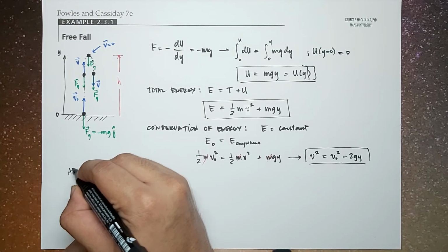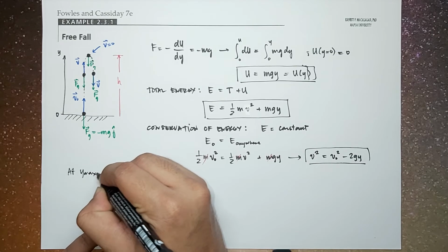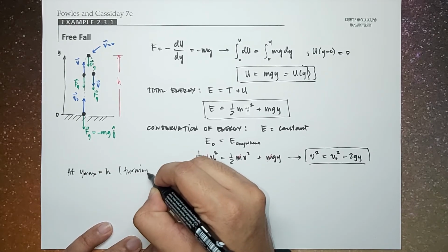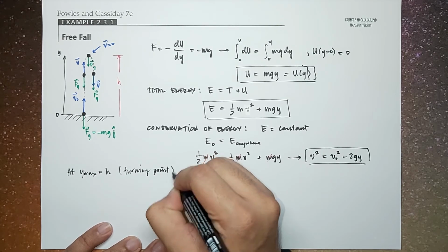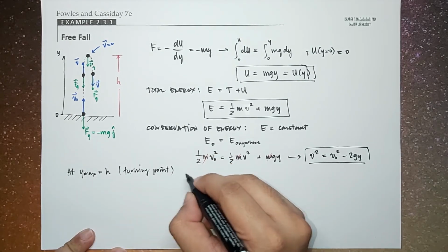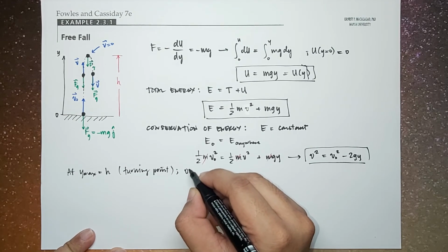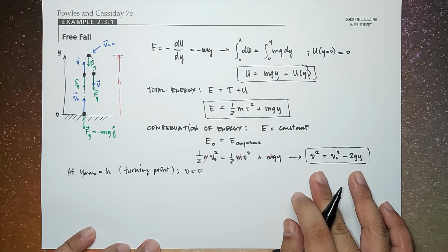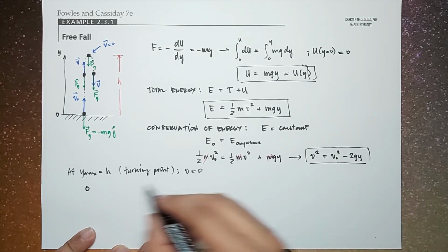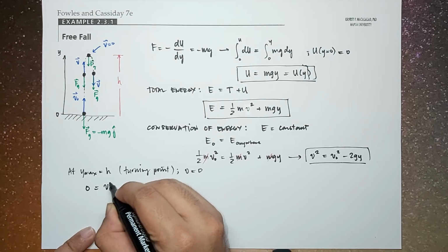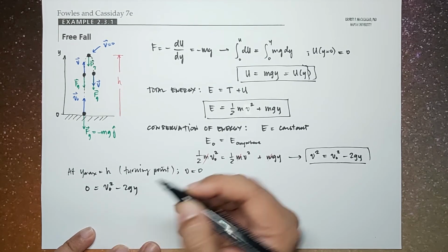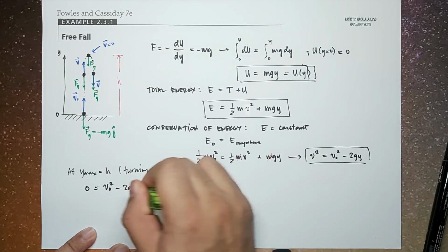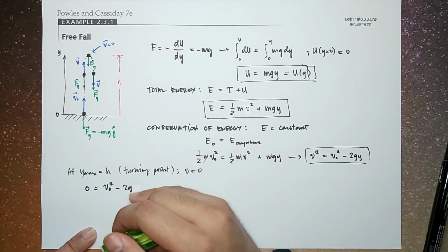At y max equal to h, this is your turning point, the speed is equal to 0. So putting it here, this becomes 0 equals v naught squared minus 2gy. In this case, y would be equal to h.